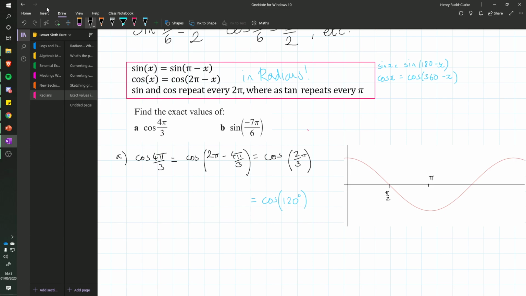So 2 pi over 3, or 120 degrees, okay, where is that going to be on my cos graph? It's actually going to be about here-ish. So that is going to be where my 2 pi over 3 is. So what I'm actually looking for is, what is this?